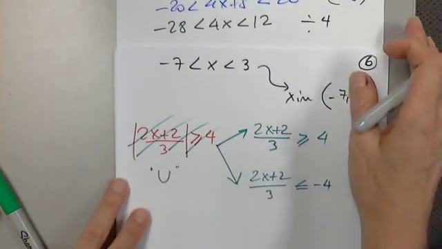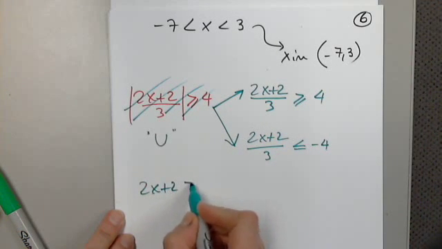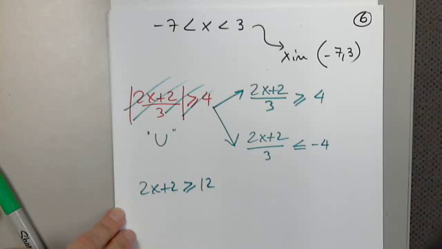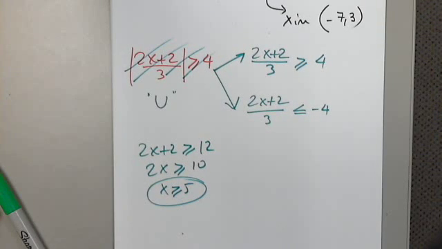How do I solve the first one? Very good. So (2x plus 2) over 3 greater than or equal to 4. We multiply both sides by 3, we got 12. So 2x plus 2 greater than or equal to 12. Subtract 2, 2x greater than or equal to 10. We divided by 2, and x is greater than or equal to 5. So we found the first branch.